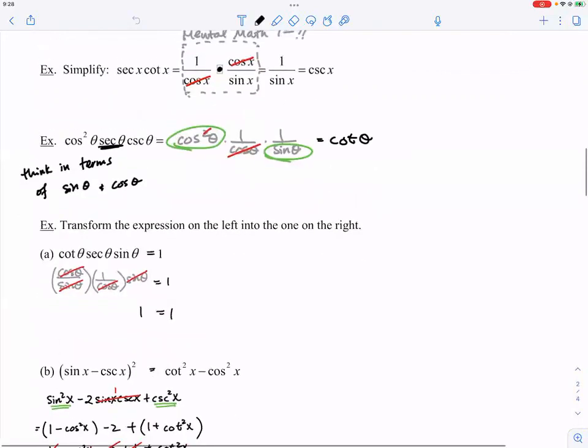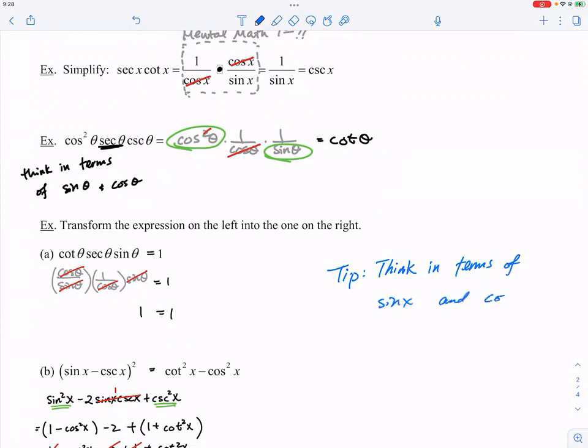Now, here's another tip. I forgot to put this down yesterday. Think in terms of sine x and cosine x. You can write this down. It might be a lot easier to think of sine x and cosine x on many occasions, not all, but many.